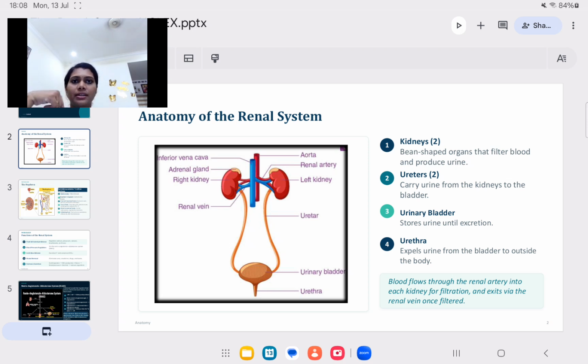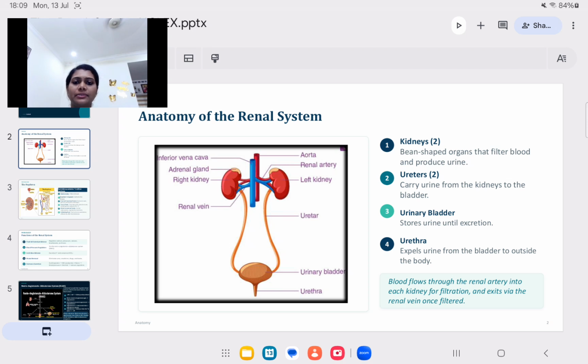Through the aorta, the blood comes to the kidney and is filtered there, then goes back to the heart through the veins. So, the blood comes to the kidney and is filtered, urine is produced, then it goes to the urinary bladder and is stored. When it is full, it is eliminated through the urethra.